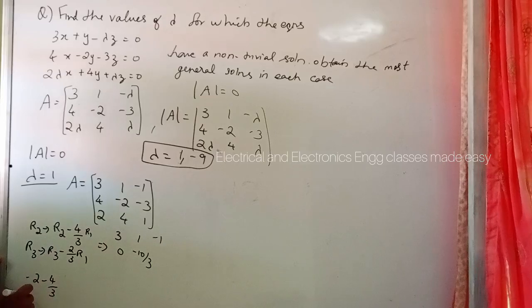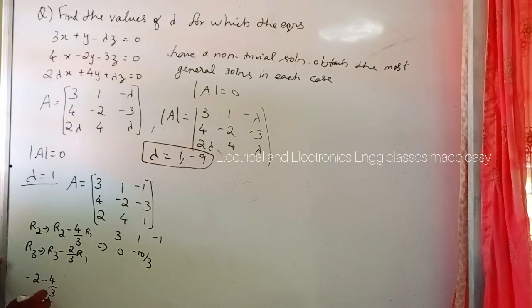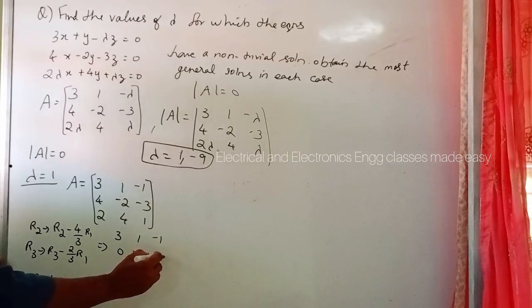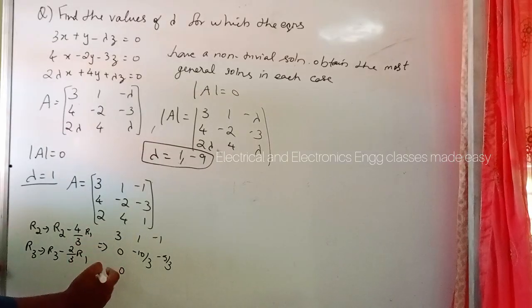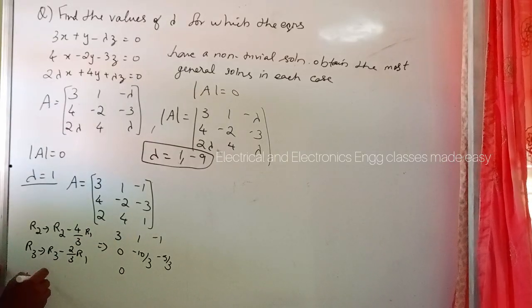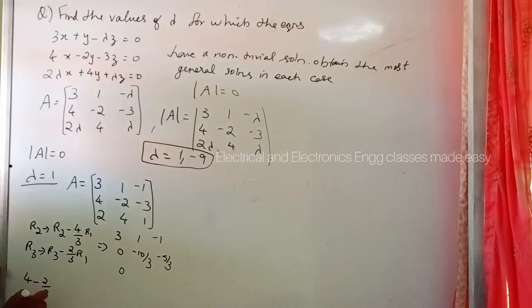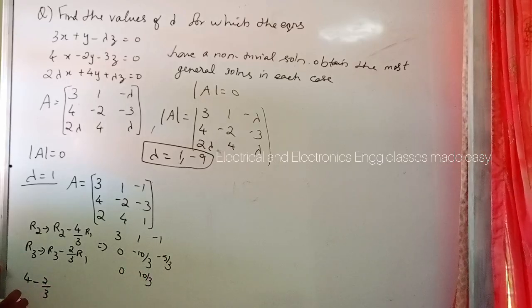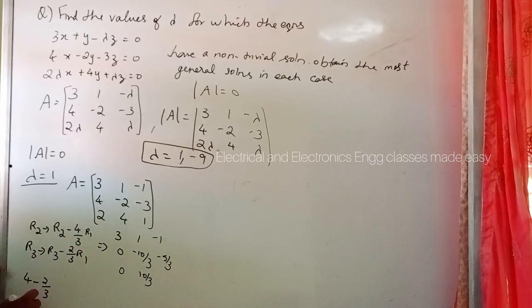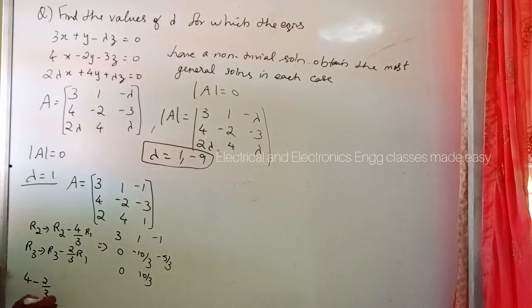Then here minus 3 plus 4 by 3, that is minus 5 by 3. Then here 0, then 4 minus 2 by 3, that is 10 by 3. Then 1 minus of minus, plus 2 by 3, that is 5 by 3.